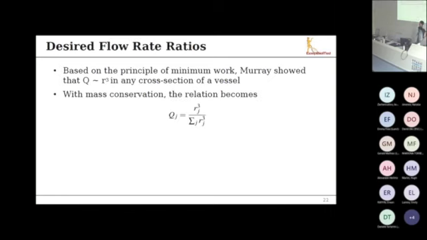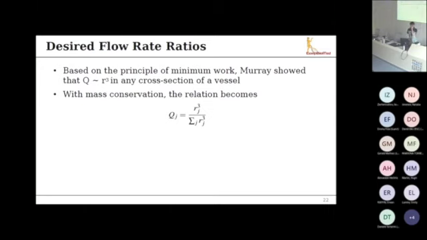Okay, this is the last slide about the strategy we use, which is about the desired flow rate ratios. Based on the principle of minimum work, we show that the flow rate is proportional to the equivalent radius of a vessel.